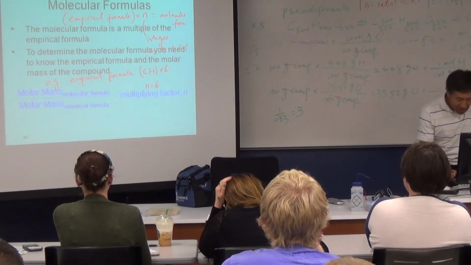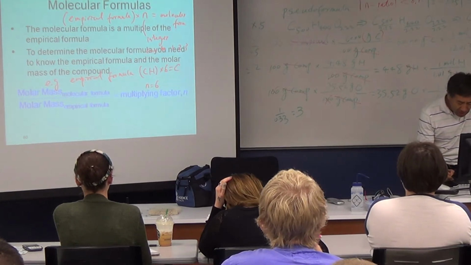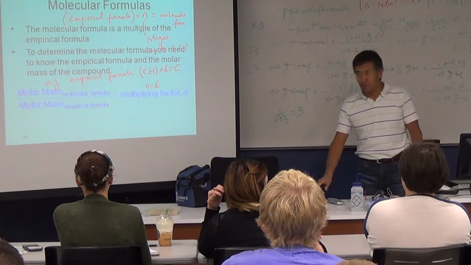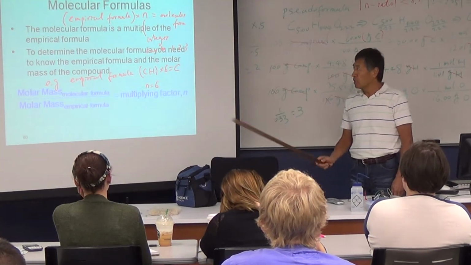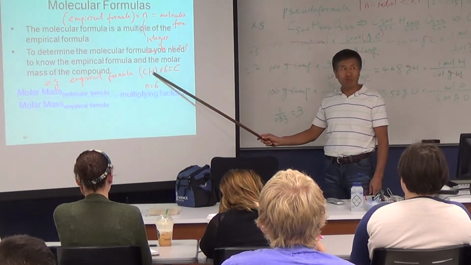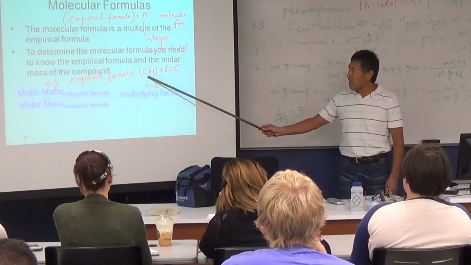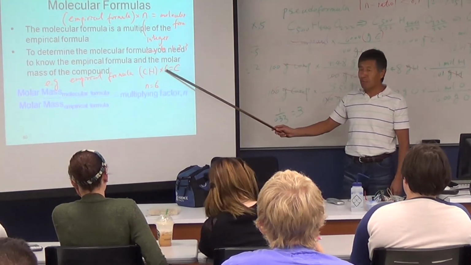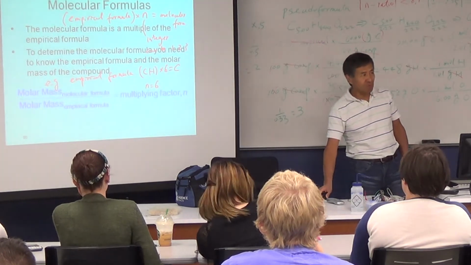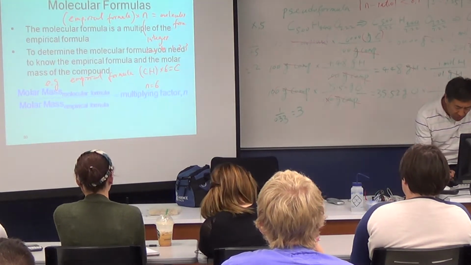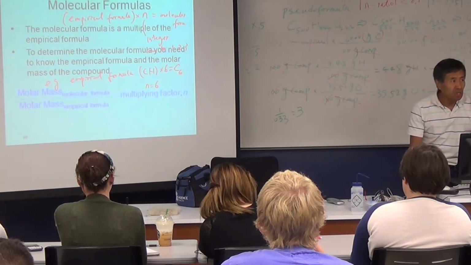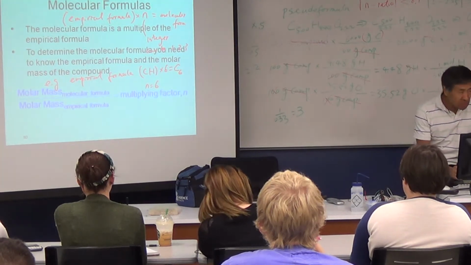Now what we mean by that is you multiply the subscript of each atom. So when you write CH, which means you have C1, H1. So what you do, you will take this 1 for carbon, multiply by 6. And that becomes 6. So therefore you have a C6. That's just an example. Okay?